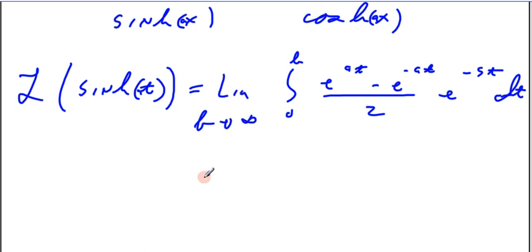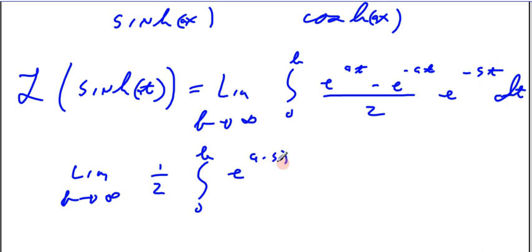Okay, well, that seems like a reasonable thing to do. Limit as b goes to infinity, 1/2 integral 0 to b of e to the (a minus s)t minus e to the (minus a minus s)t dt.